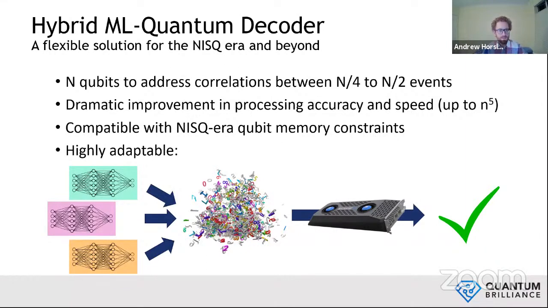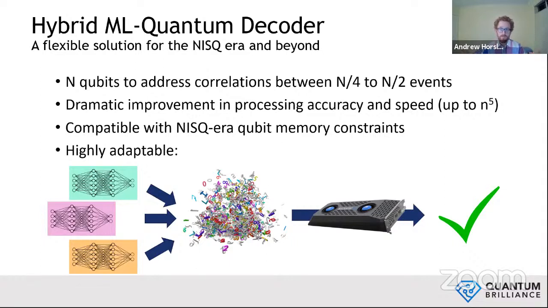The other nice thing about this is that it matches the memory constraints of NISQ devices. So we can use the neural net to filter the vast amounts of data that are coming in, the big images or large signals. And that's a real challenge. Typically with NISQ devices, as we've alluded to tonight, input-output is the thing that's often swept under the rug, and also the fact that we simply can't store that much data in a quantum system in the near term.